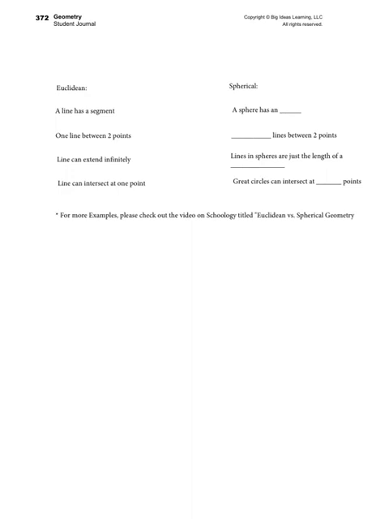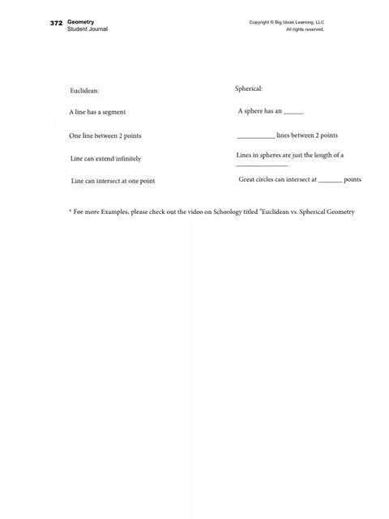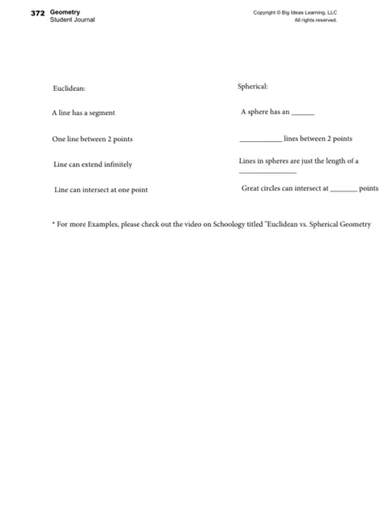We're trying to find the parallel statement of a line has a segment. If in Euclidean geometry a line has a segment is true, in spherical geometry it would be that a sphere has an arc. So segments in Euclidean geometry are arcs in spherical geometry. Next: one line between 2 points.